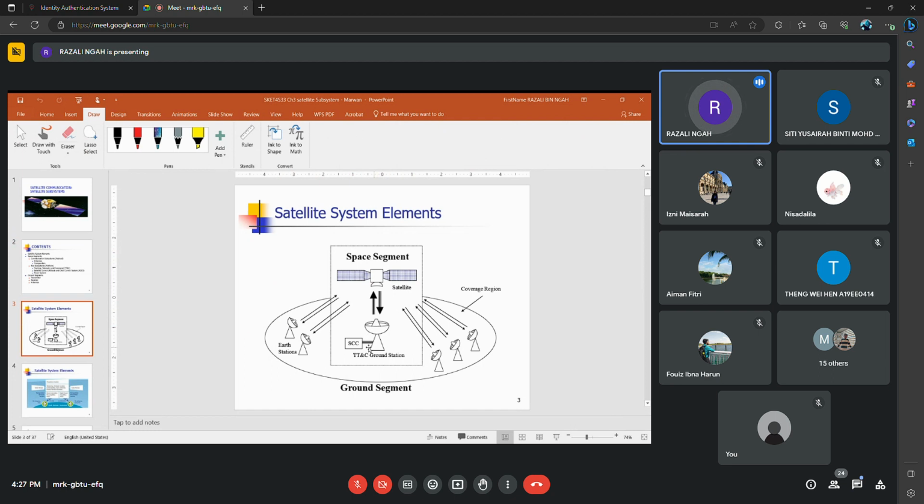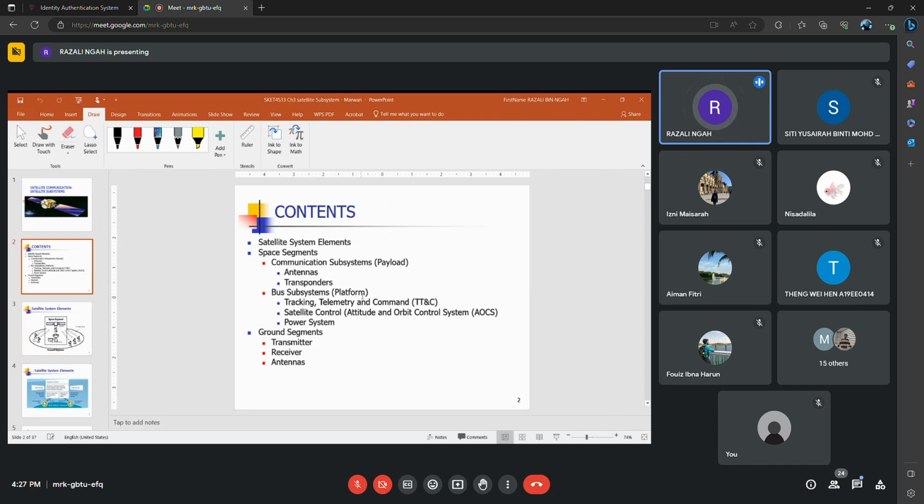You can see that there is a satellite control center, where the main subsystem called TTNC is located on the ground. So that means not all space segment is located on the satellite. TTNC is located on the ground, in the satellite control center.